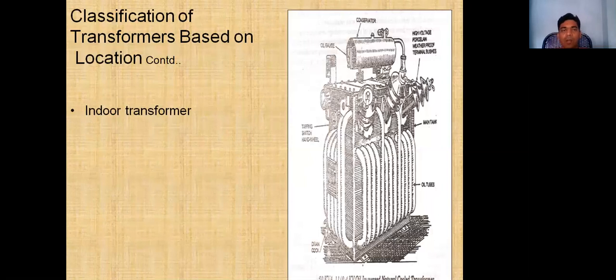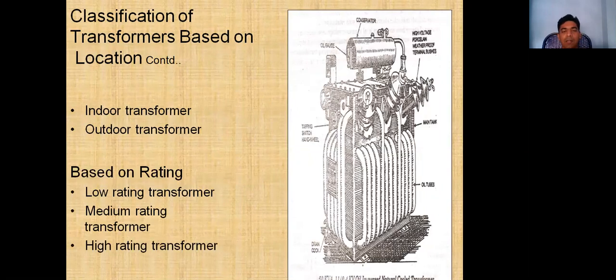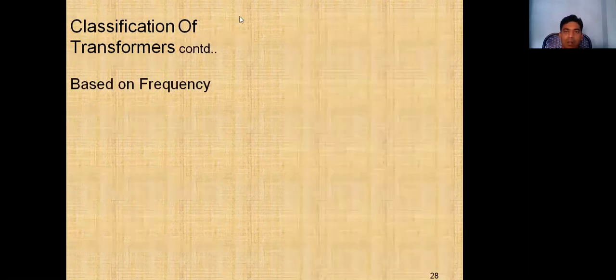And based on location, they are called indoor and outdoor transformers. Based on rating, there are low rating transformers, medium rating transformers and also high rating transformers.